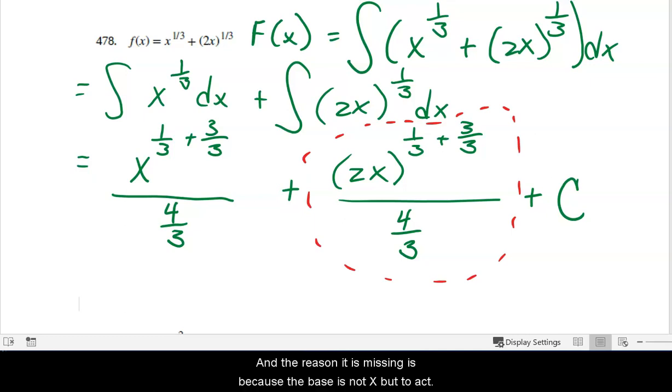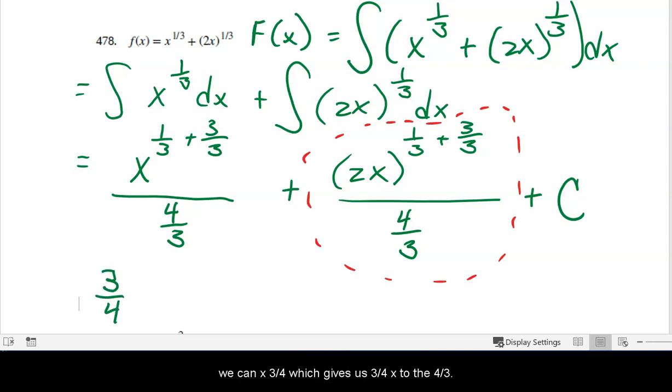And the reason it is missing is because the base is not x, but 2x. The 2 is going to affect the antiderivative function. To simplify the first one, however, the bottom of the bottom goes to the top, and instead of dividing by 4/3, we can multiply by 3/4, which gives us 3/4 x to the 4/3.